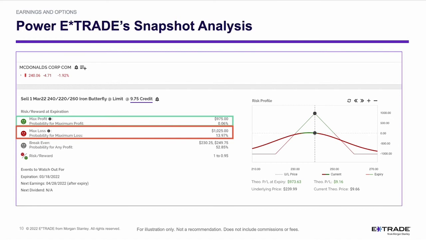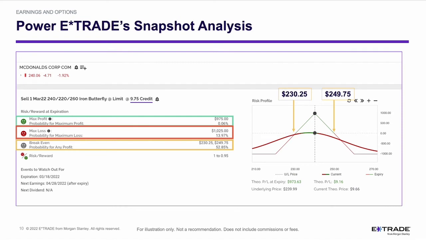Now, I think the real power of the Iron Butterfly comes in talking about the break-even point. Notice our break-even range is 230.25 and 249.75. This means that we have a very large range. The stock is currently trading at 240.